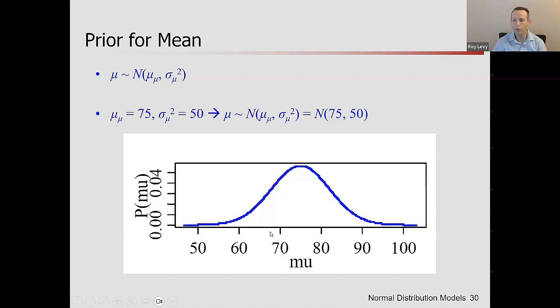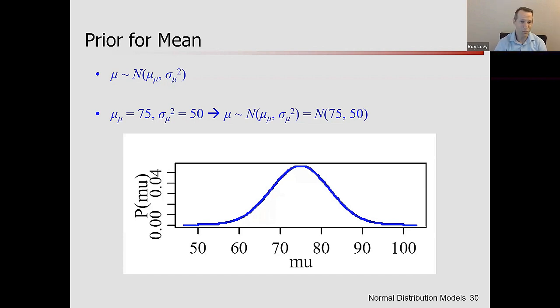And I'm pretty sure it's going to be, I don't know, somewhere between the high 50s or low 60s up to the low 90s, creeping up to the upper 90s. These are my beliefs about the average test score before I've collected the data.